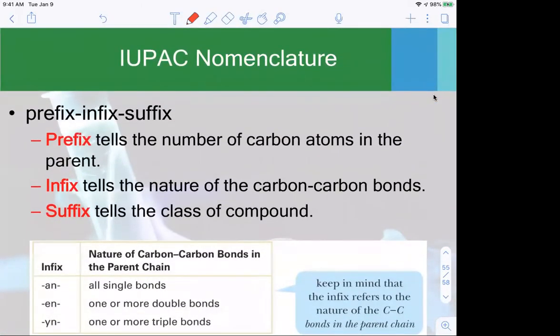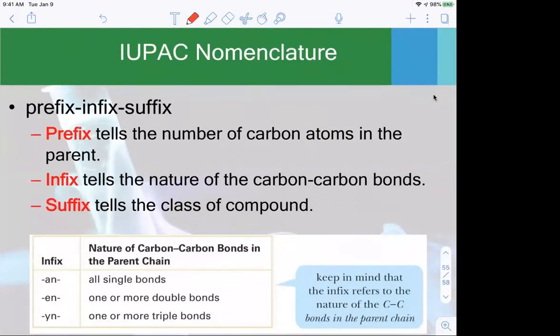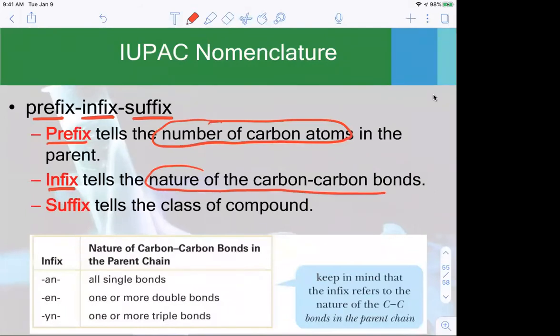So we're going to expand our nomenclature a little bit and look at what happens when I want to incorporate other functional groups. My IUPAC nomenclature has a 3-part system. The prefix is going to be the number of carbon atoms in the parent. The infix tells us the nature of the carbon-carbon bonds.